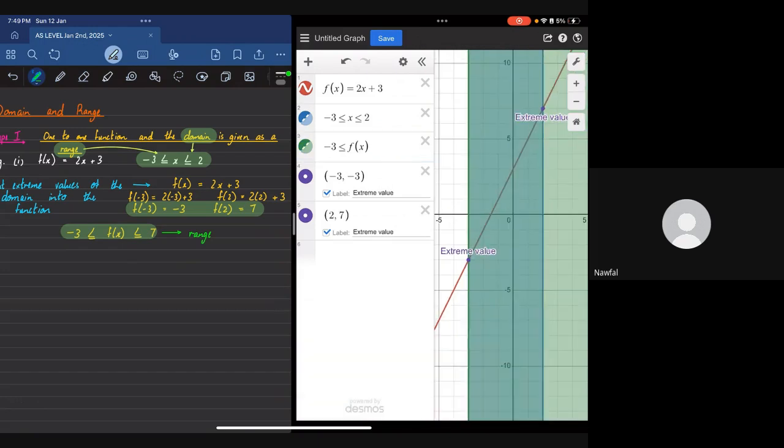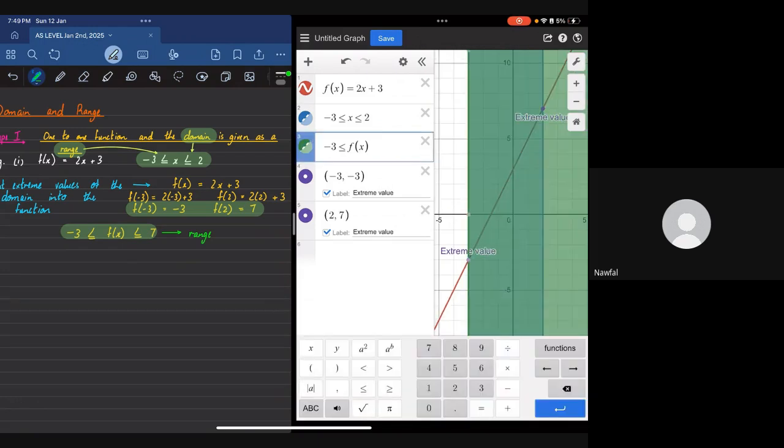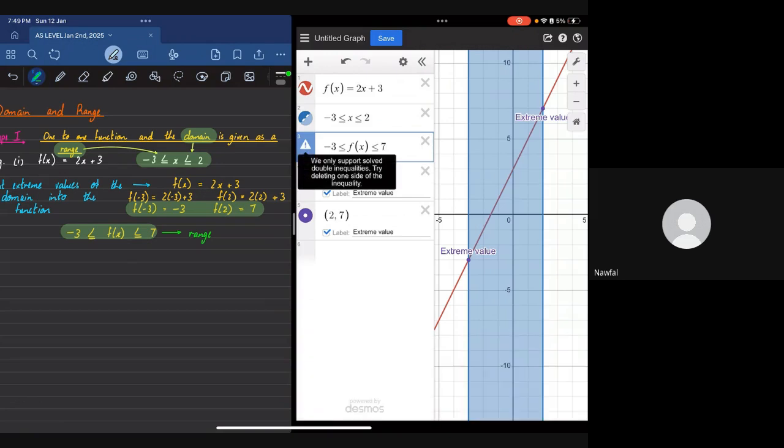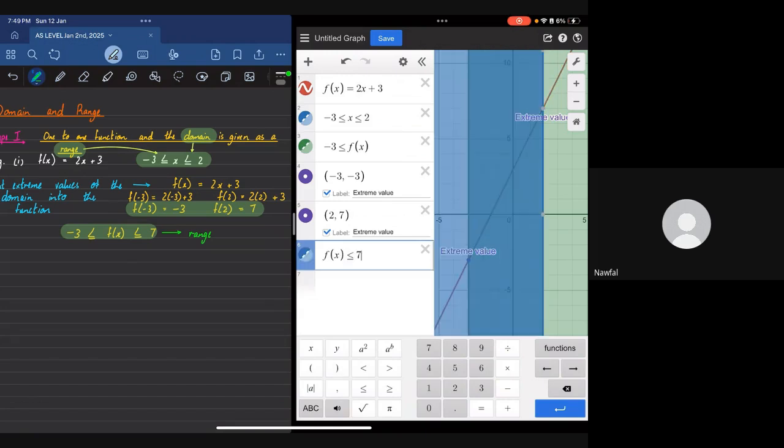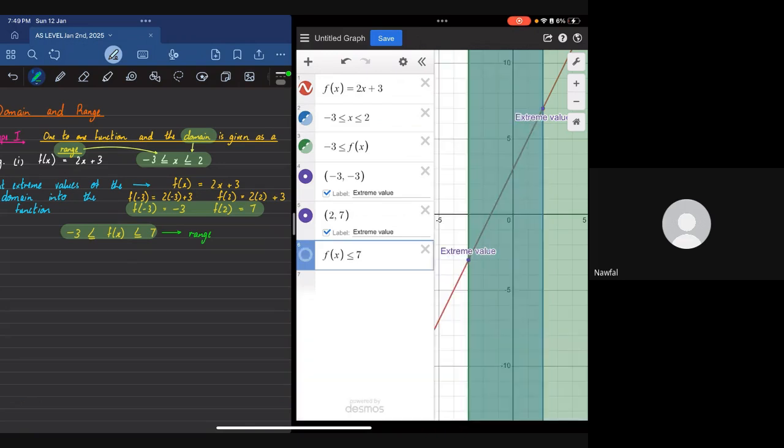Okay, it is only telling me that double inequalities will not be permitted. My bad. 7.